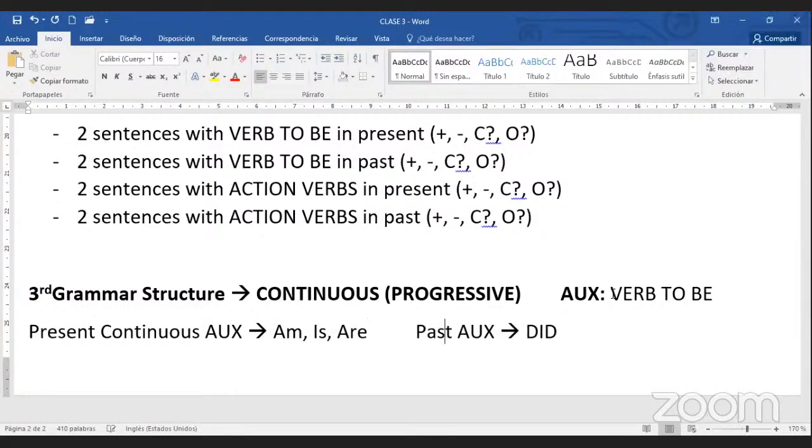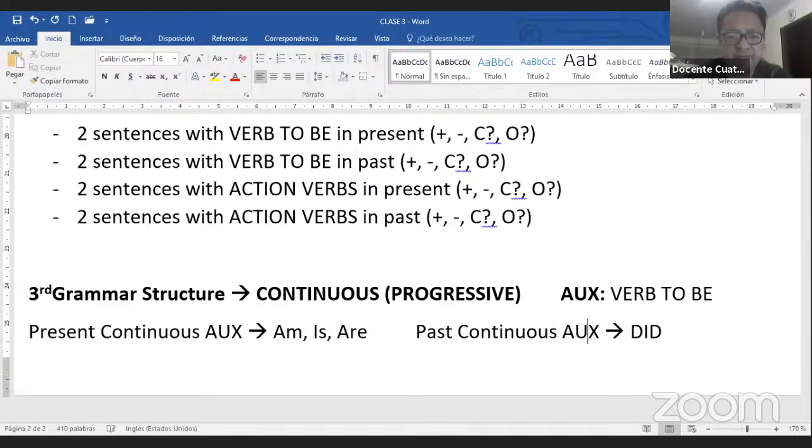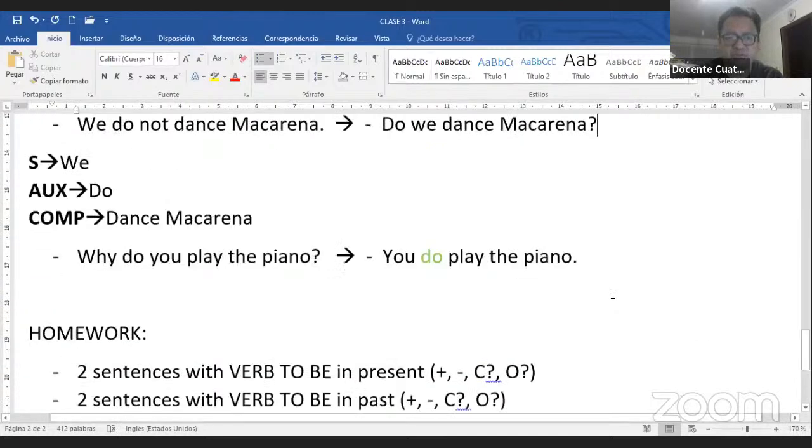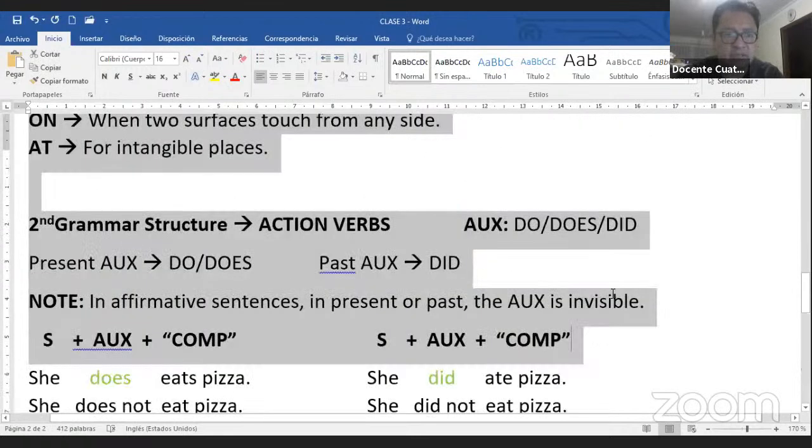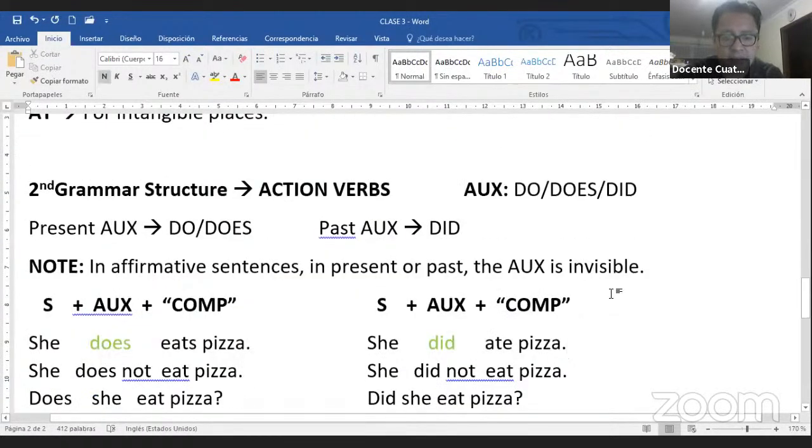And for the past continuous auxiliary, you have was and were. Very good. It's the same as verb to be, but we have some little differences.